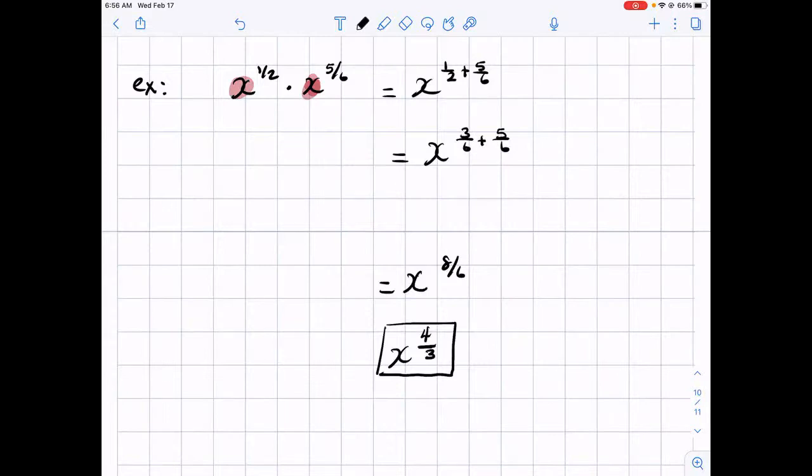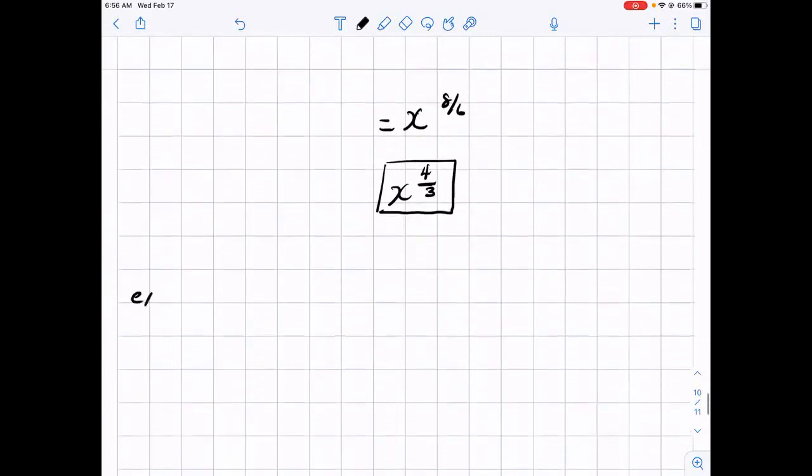Example, if we have a to the 2/3, and we raise that to the 3/4, this is the same as a, and remember we always multiply, so 2/3 times 3/4.